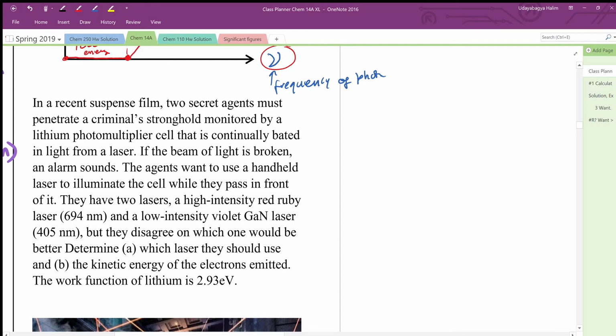This is actually a question that I got directly from your textbook. Do you actually understand what's happening?